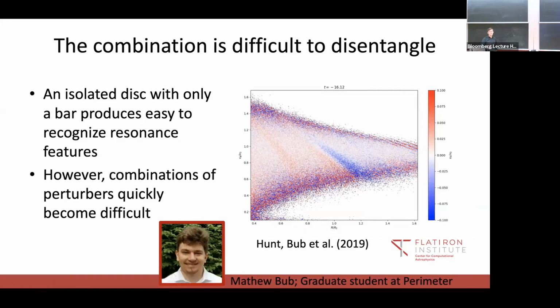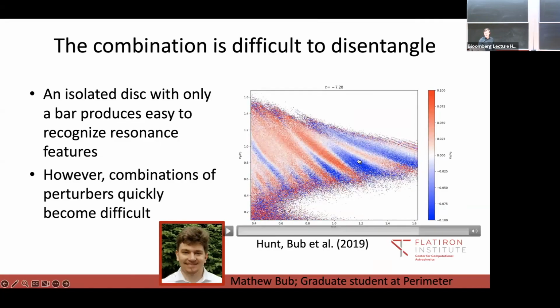Firstly, you can tell it's a resonance. You can tell the order of the resonance by how it moves azimuthally. You can tell the pattern speed of the bar by where it occurs in the space. You can tell the amplitude of the bar from how strong a feature it creates. However, as soon as you have a more complicated space, you don't know what you're measuring. You can still measure it. You just might be getting the wrong things.